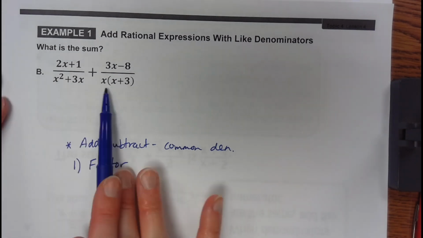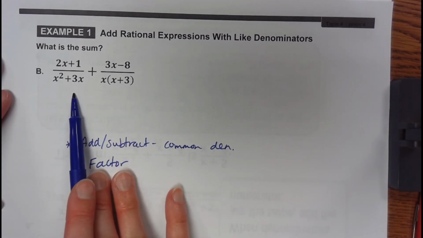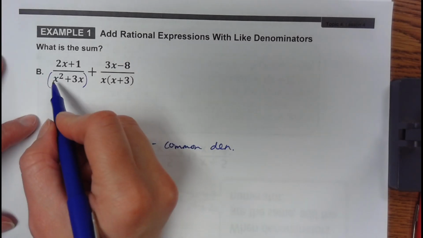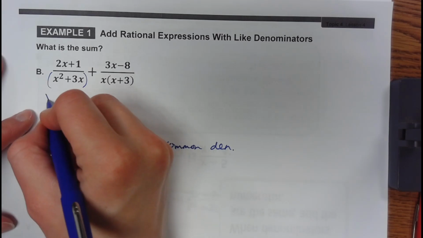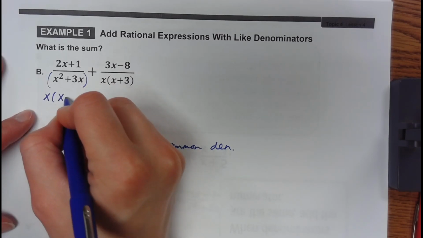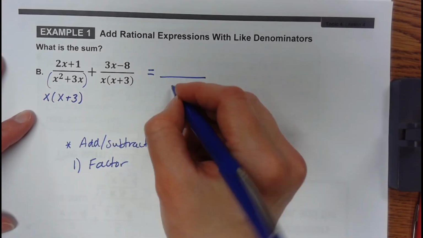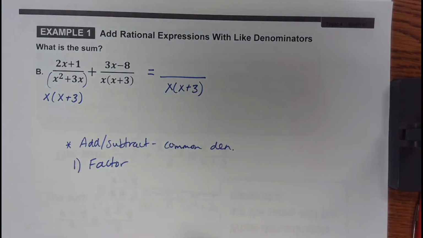This is not the same as of right now, so let's go ahead and try to factor this. Remember, again, this is a group. When there's only 2 terms, you should be looking for your GCF, which in this case would be x. And if we factor out an x, we should indeed get our x plus 3, which means that my common denominator is indeed x times x plus 3.